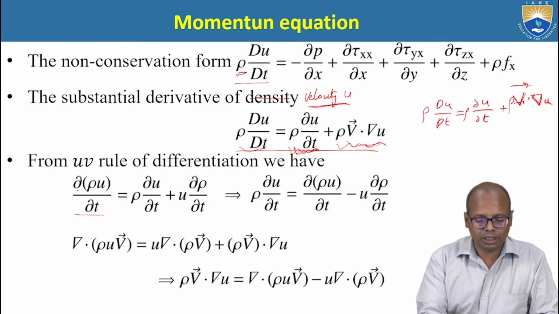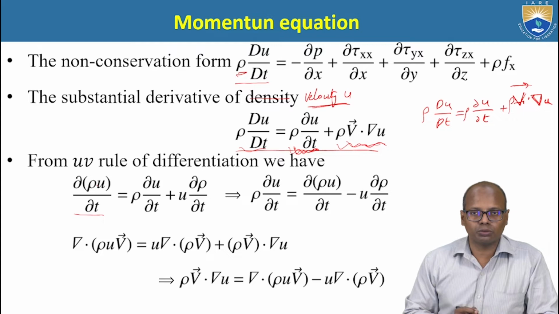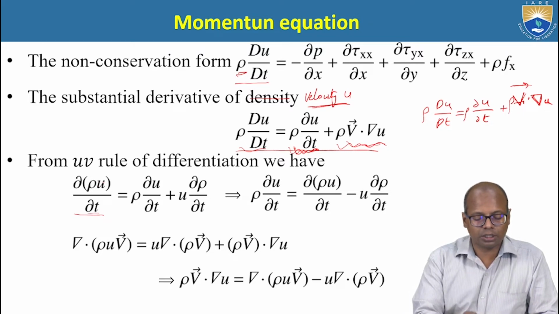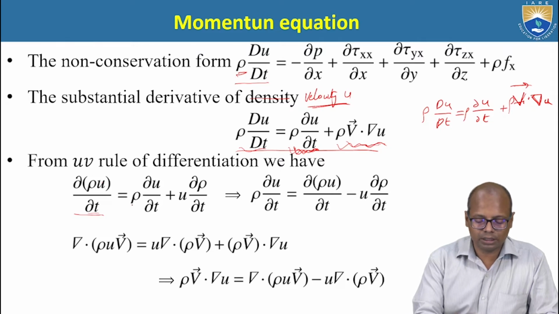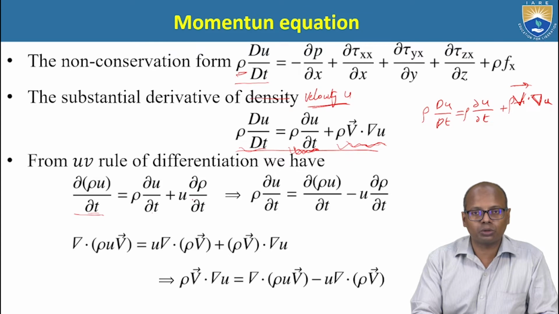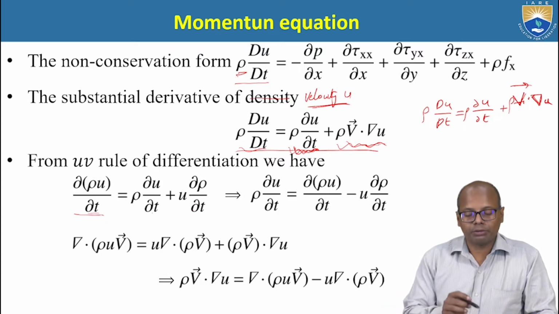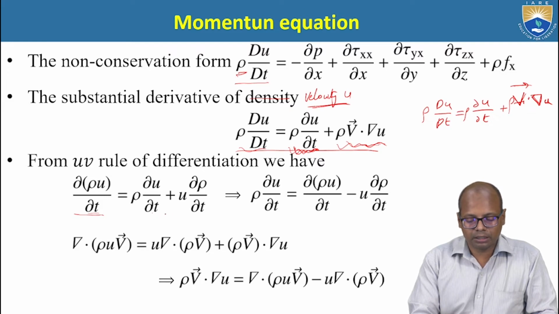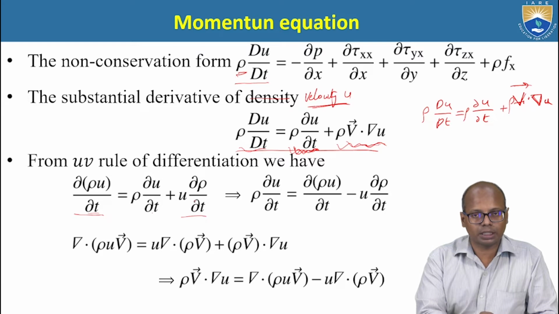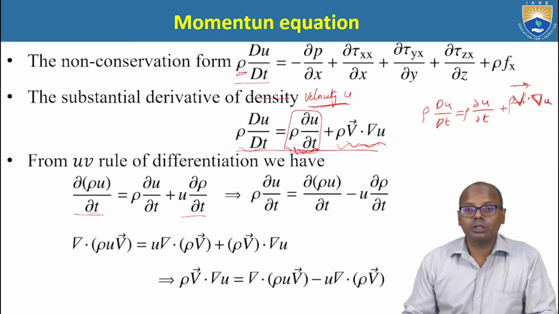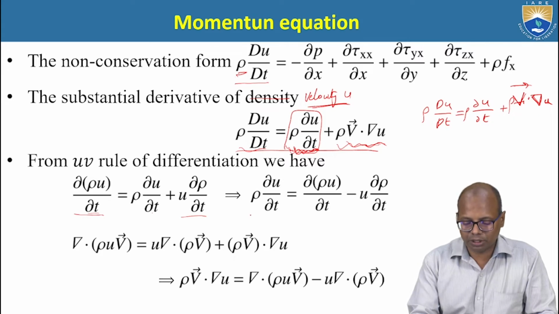That is the reason we are taking dou by dou t of rho u. Now, if I apply the UV rule for this rho u, what I will get is rho into dou u by dou t plus u into dou rho by dou t. Okay. Now, if I take this term to the other side, I will get the equation for rho into dou u by dou t. This is what we need.